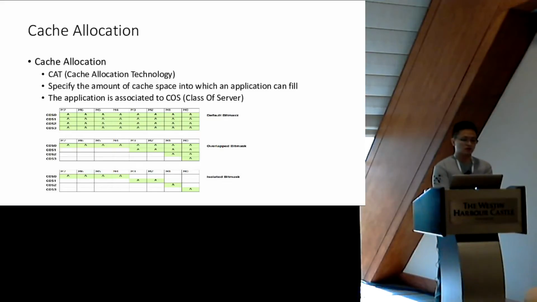Similarly, COS2 can only use a subset of the cache resource of COS1. The cache resource of COS3 is a subset of COS2. The third case is that each application has its own portion of the cache, so there is no cache contention between these applications at all.